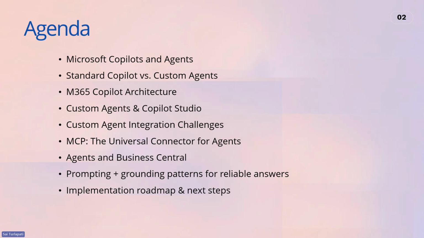The patterns are the best practices that we advise to our customers when implementing these artificial intelligence based copilots or agents. There are some best practices and tools that can help you, and this prompting and grounding pattern is one of those. So we talk about that. Then there will be a demo followed by this, on how in Business Central we can integrate or use the Business Central MCP. Let's get started.